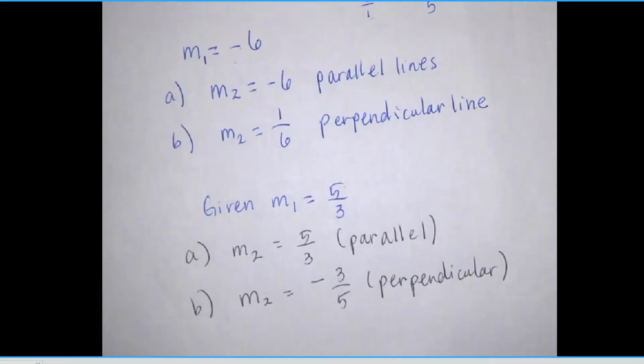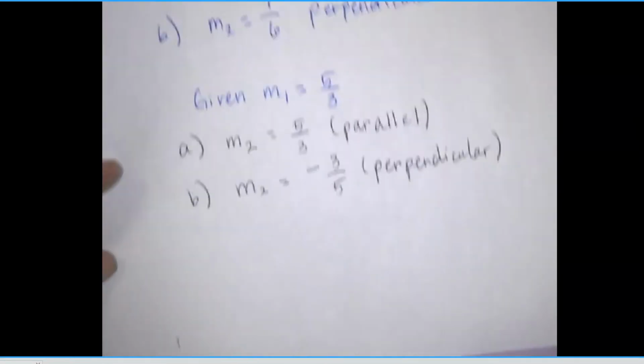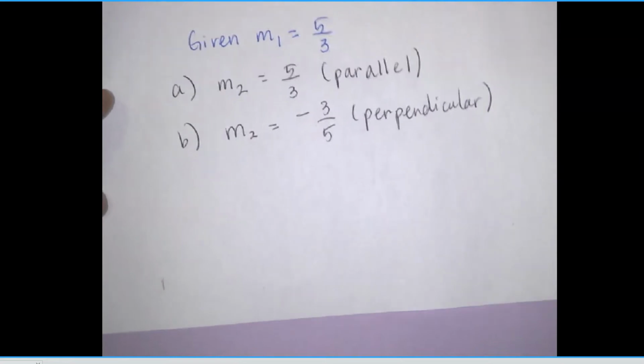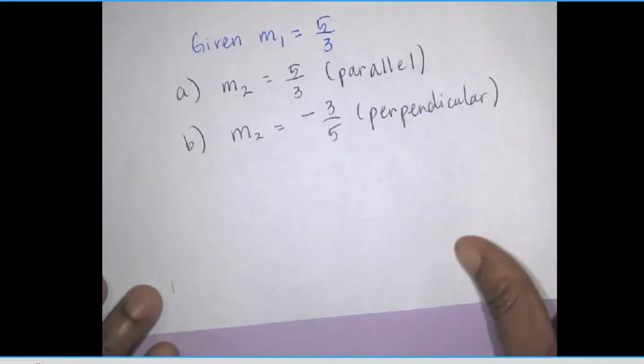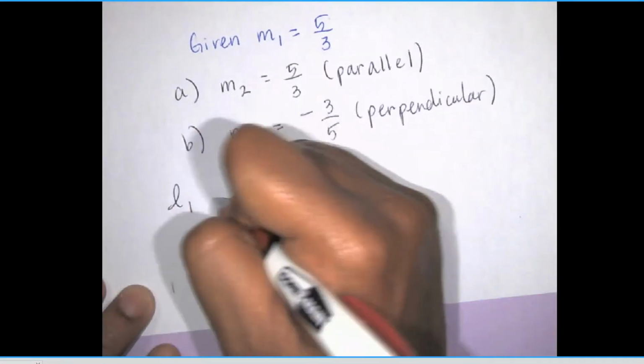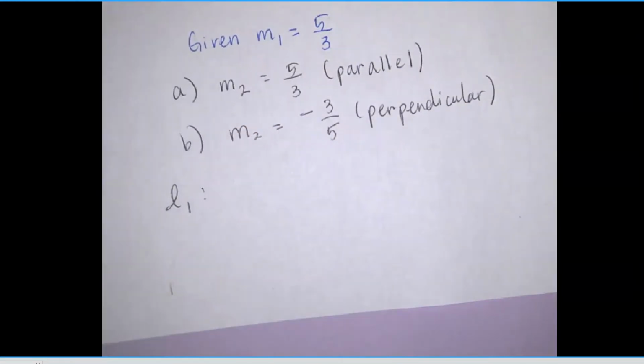And let's move on. So the last thing that we're going to talk about, and I'm going to try to squeeze this in at the bottom, sorry about the purple, is we're on the last page, page 216, and it says determine if lines are parallel or perpendicular. So here's what they'll do. Ready? They'll give you line 1, and they're going to give you 2 points that are on line 1.